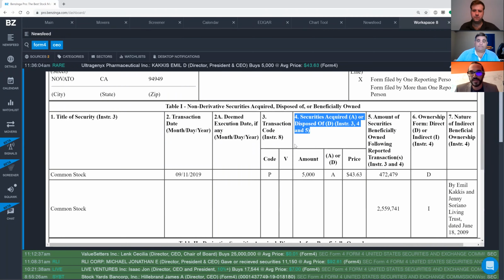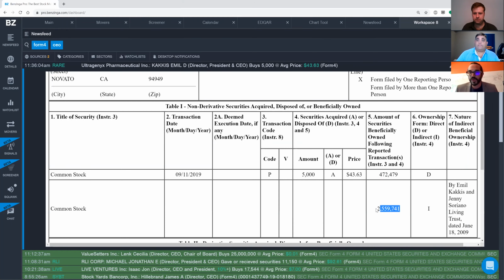We can see that in this section he acquired 5,000 shares. The amount section will tell you the price. It'll also tell you the day the transaction happened, and the amount of securities the person has following the transaction. If they acquired shares, that number is going to be higher. If they disposed of shares, that number is going to be lower.